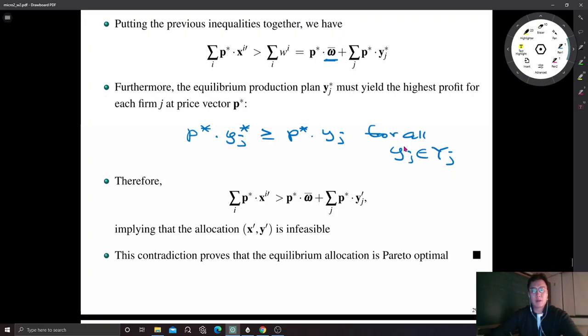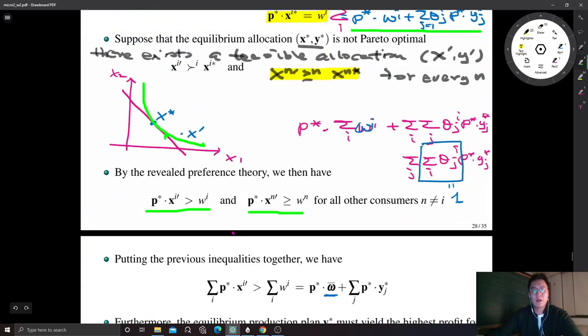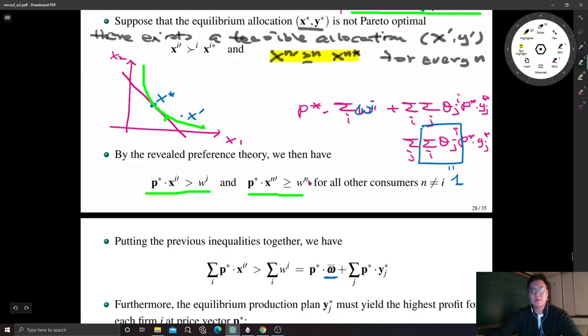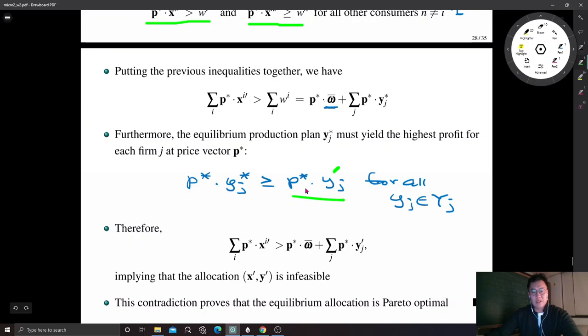That includes yj prime, I mean the alternative allocation that Pareto dominates this equilibrium allocation. So with this inequality, we can set up the lower bound for this one. This one is weakly higher than P star dot omega bar plus the summation of profits at allocation y prime.